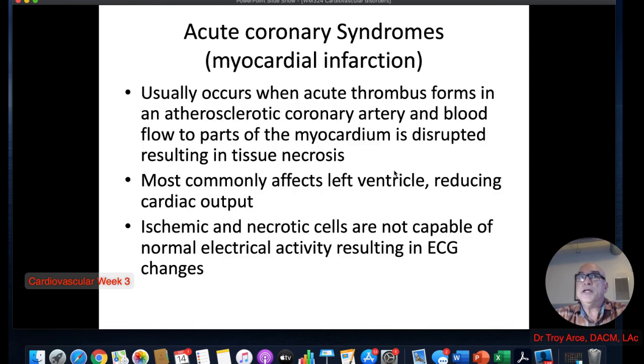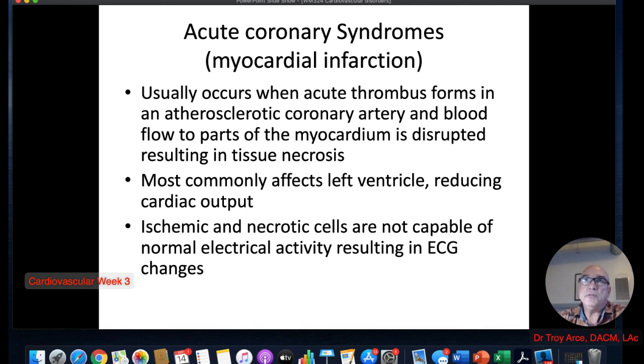So here we get into the acute coronary syndromes of myocardial infarction. And this usually occurs when an acute thrombus forms in an atherosclerotic coronary artery. So that's how blood moves throughout the heart tissue, through the myocardium, to power up the heart. So those arteries are going to be occluded, right?